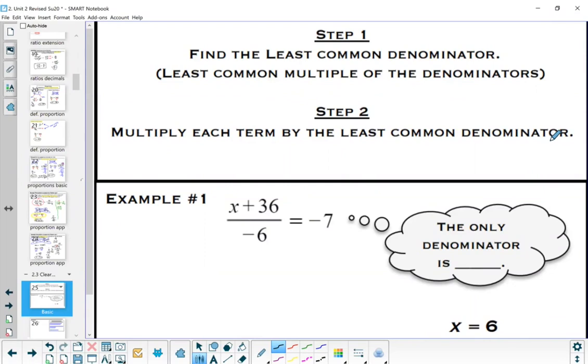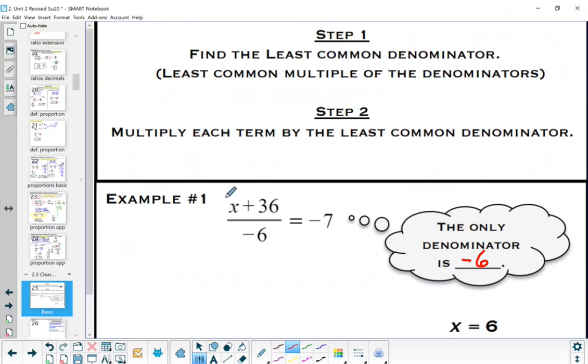So I need to look and see, okay, my denominator is -6. I want to clear the fraction, meaning get rid of the fractions. To clear fractions, you want to multiply both sides of the equation by the least common denominator. And in this case, it's just -6.